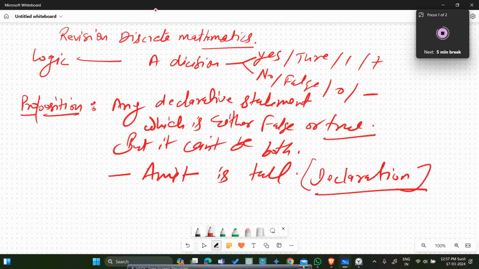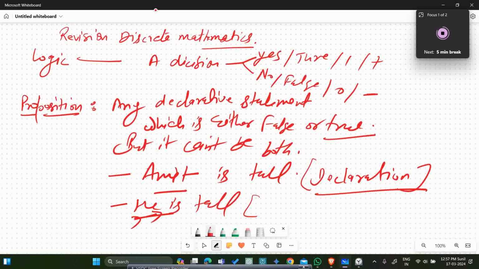So Amit could be tall in comparison to others, or Amit can be short in comparison to different people. But we are declaring Amit as tall. So it could be true or false, it doesn't matter. But we are declaring Amit, a specific person. But if we are saying he is tall, so what is he here?